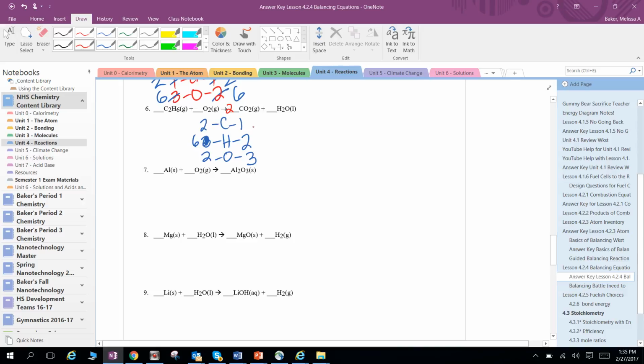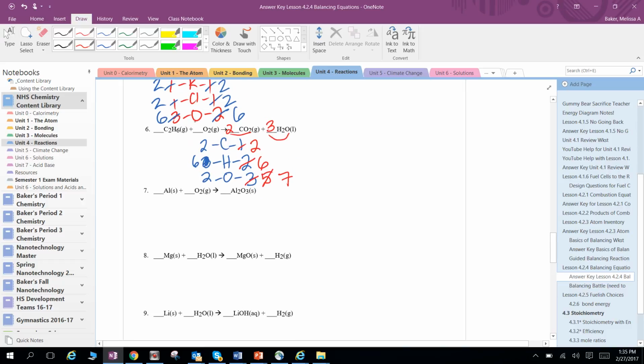If I put a 2 in front of the CO2, that helps out my carbons, and now it made 5 oxygens. For the hydrogens, I need a 3 out front to make that 6 hydrogens, but now I've got 4, 5, 6, 7 oxygens. Temporarily, I can use a decimal.